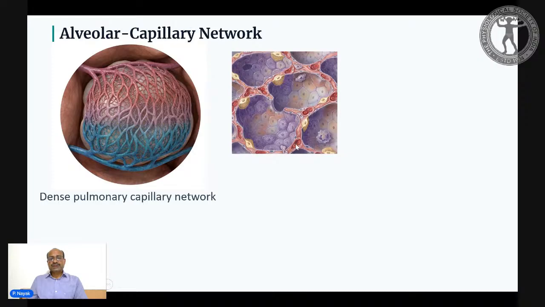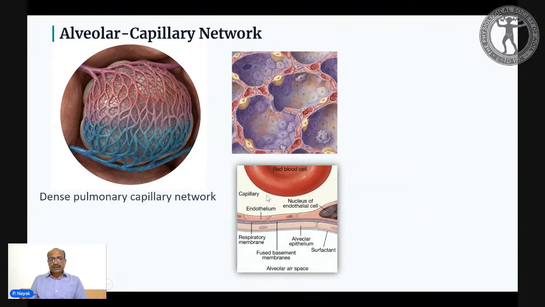single cell structures surrounding the alveolar structure, and it develops the alveolo-capillary membrane, where the basement membrane is fused and we have only a few micron structure, so that gas can be easily exchanged between the alveolar air space and the plasma as well as the RBC.